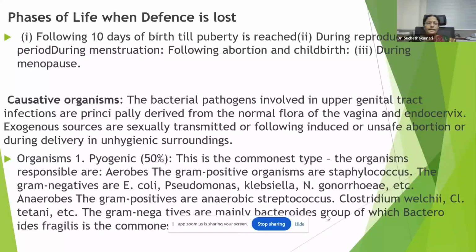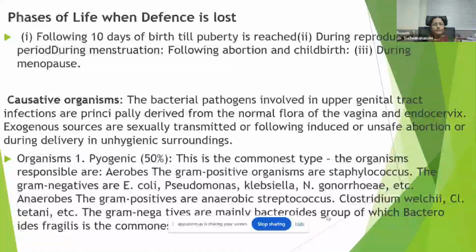Usually the pathogens are present in the vagina as well as the endocervix, but because the pH is acidic, they are not very active and the chance of infection is less. But when the defense mechanism of the reproductive tract is lost, these organisms of the normal vaginal flora become activated and may lead to infection.